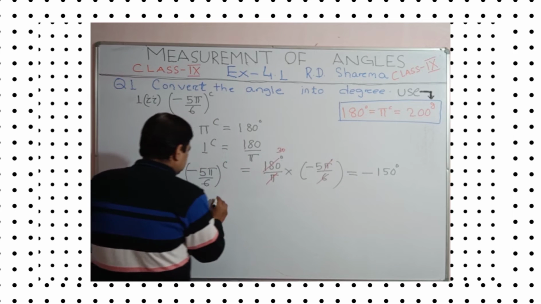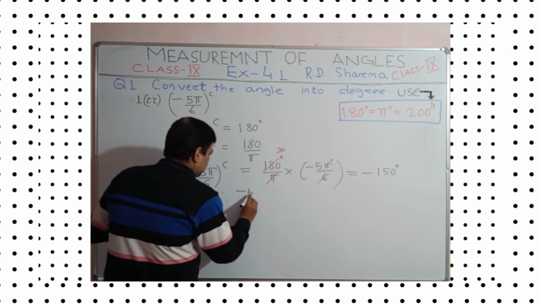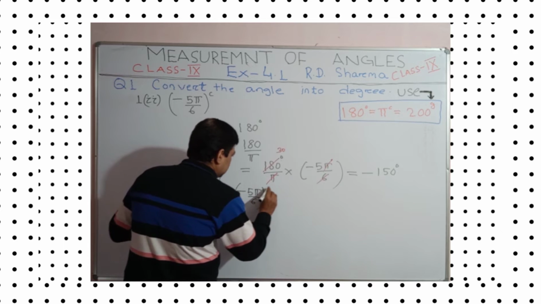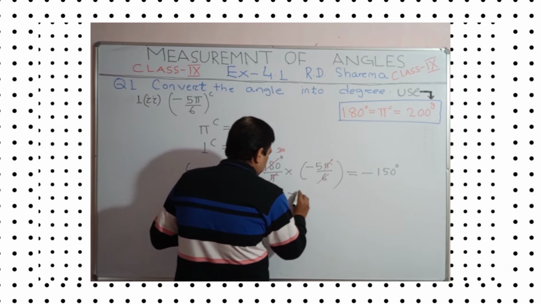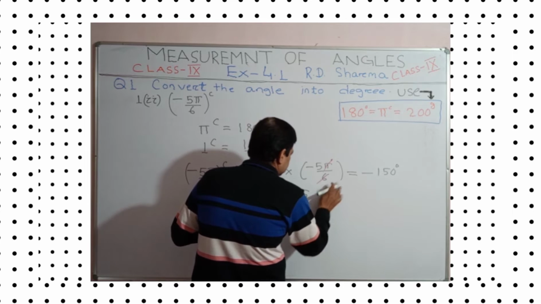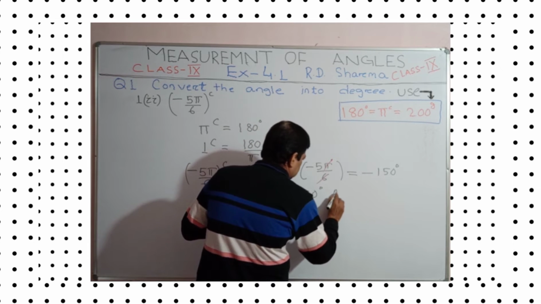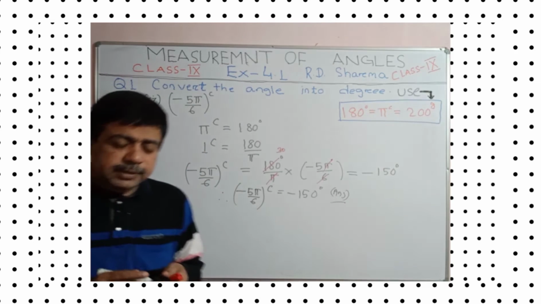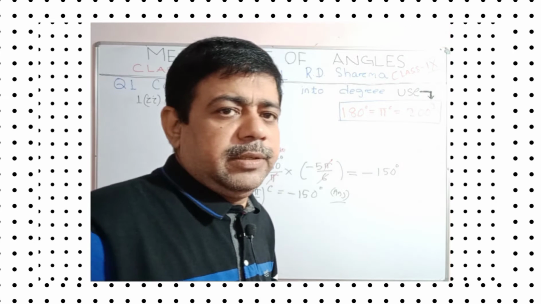Hence minus 5 pi by 6 radian is minus 150 degree. This is how you can convert the angle from radian to degree. Okay, understand?